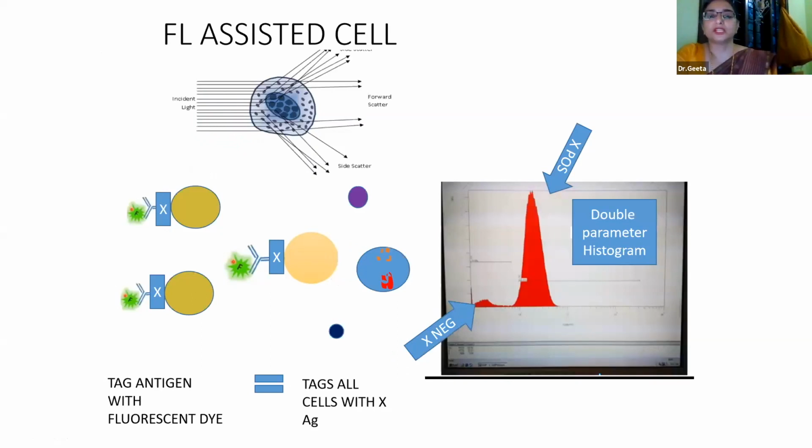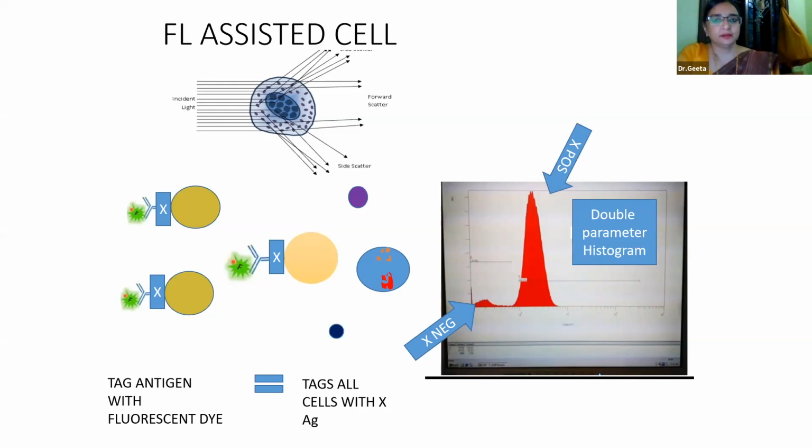Now, as we discussed some time before, just one antibody interrogation is not enough to identify the cell precisely. We may need more than 1, 2 or 3 antibodies. So we may have to add more antibodies.